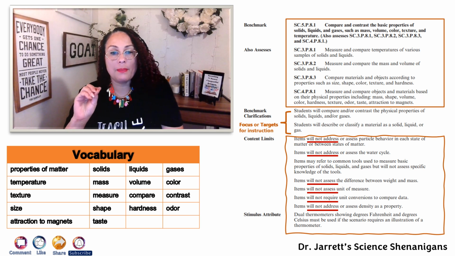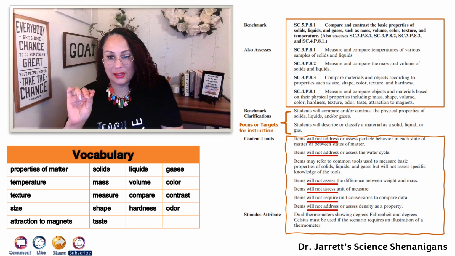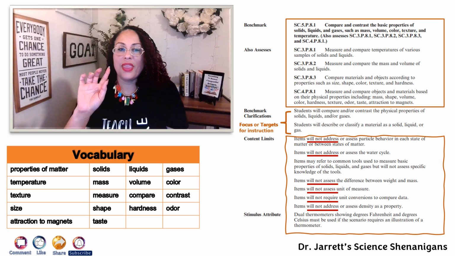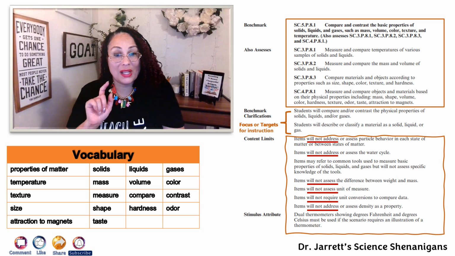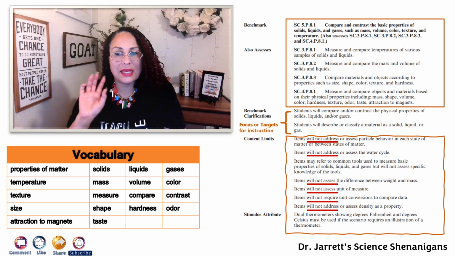They're comparing materials such as objects according to their size, shape, color, texture, and hardness. Now, that's 3P8.3, not 3P8.1. 3P8.1 says they're measuring temperatures. 5P8.1 says they're comparing and they're contrasting these properties.